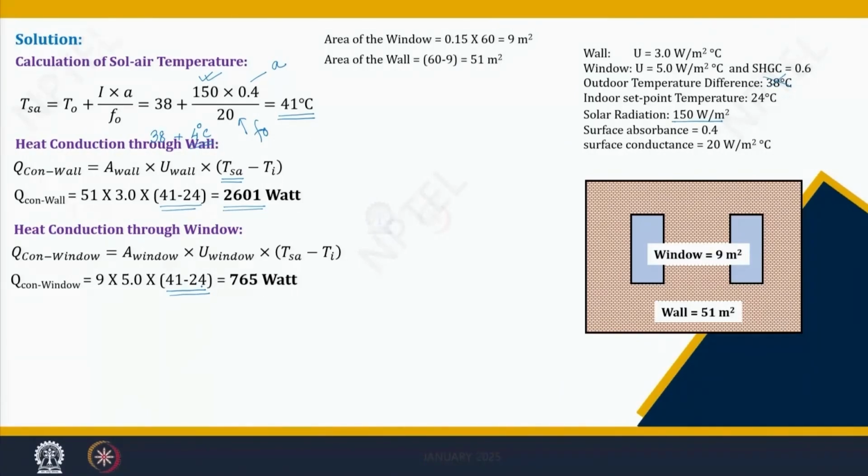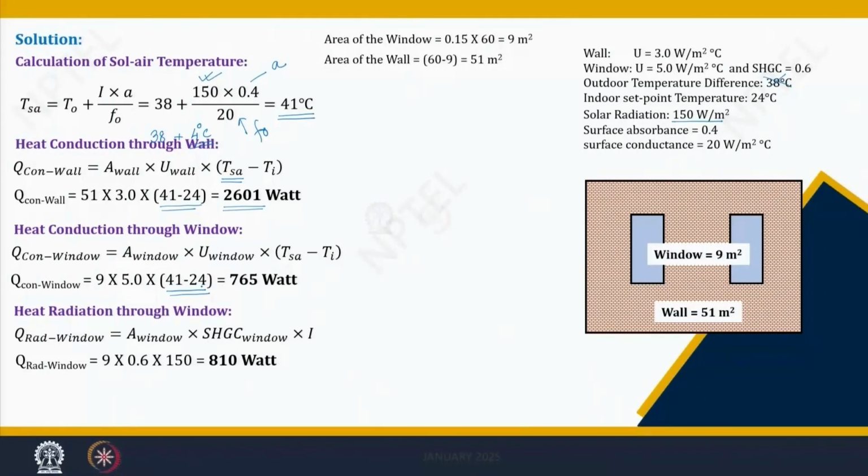The area remains the same, your U value remains the same, only the solar air temperature changes if it is under sun. And the last one, that 810, will remain the same, because in this particular radiation equation there is no question of any temperature difference.